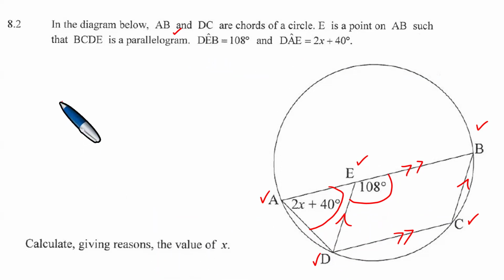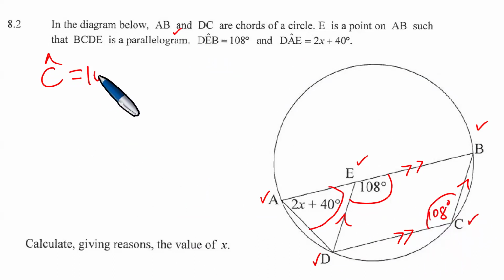Obviously we were brainstorming on this, but we know something about parallelograms. What do we know? That this angle C will also be 108 degrees. Why is this angle 108 degrees?